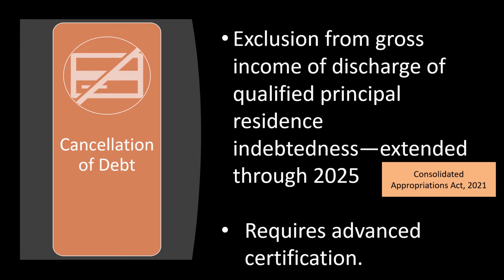For our advanced certified preparers, there is what's called the exclusion from gross income of discharge of qualified principal residence indebtedness. It's a mouthful. Basically, it just means that if somebody had a cancellation of debt involved in the mortgage of their main home, it might be possible for them to exclude that cancellation from their income.